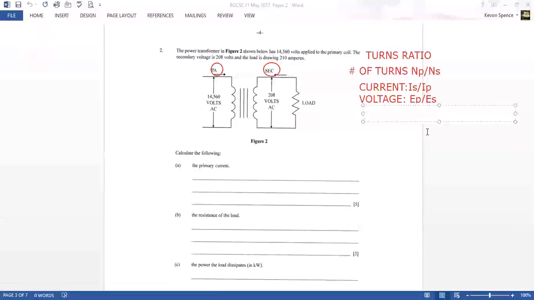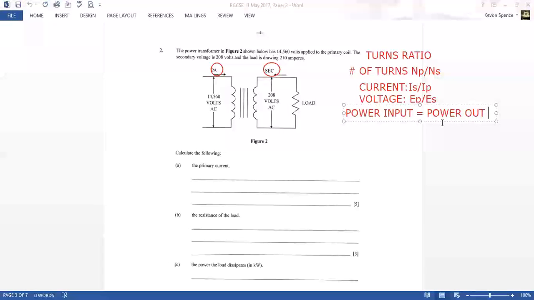Another important thing to remember is that power input is equal to power output, which means a transformer is the most efficient machine known to man so far.